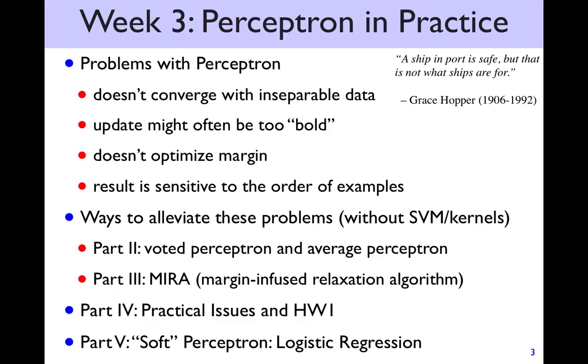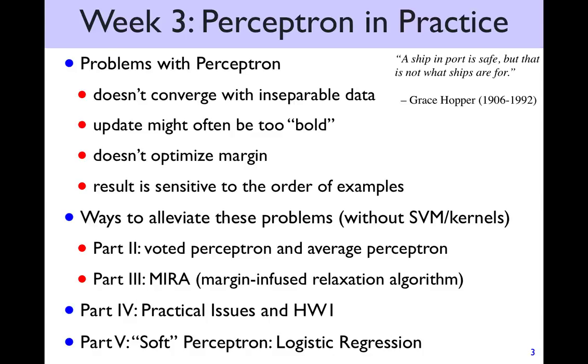Okay, so back in week 3, we'll be doing Perceptron in practice, and we have looked at many problems with the vanilla Perceptron. For example, it does not converge with inseparable data, and in reality, almost every single data set is not separable, or at least not trivially separable, with any reasonable feature map. So you have to do something about it.